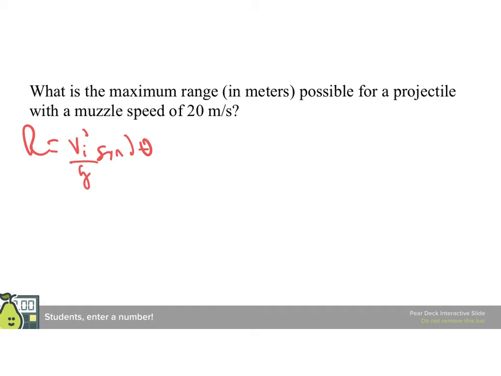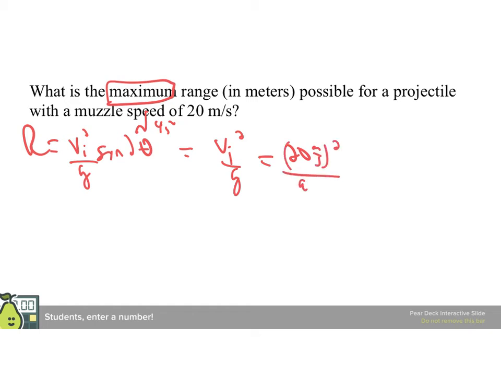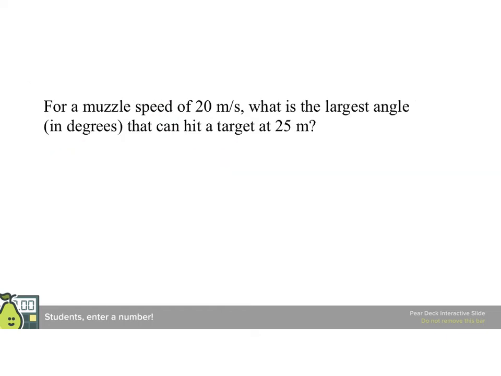But the maximum means that theta is going to be 45, so this is just v_i squared over g. And we just put in our numbers: 20 meters per second quantity squared over 9.8 meters per second squared. 40.8 meters.